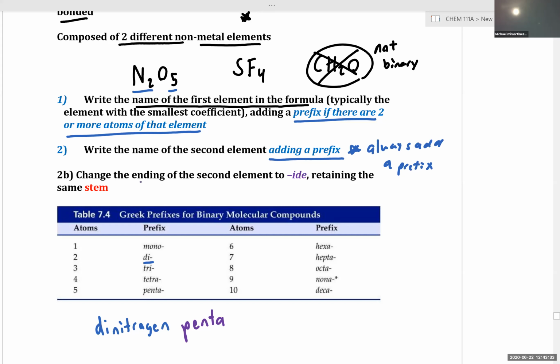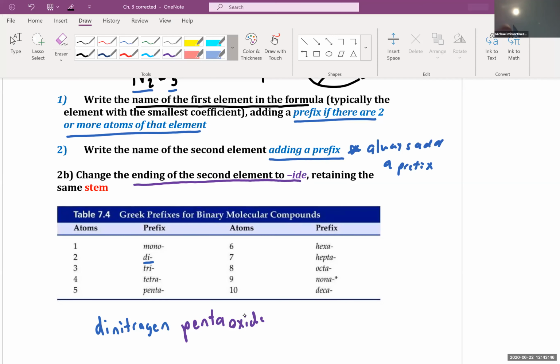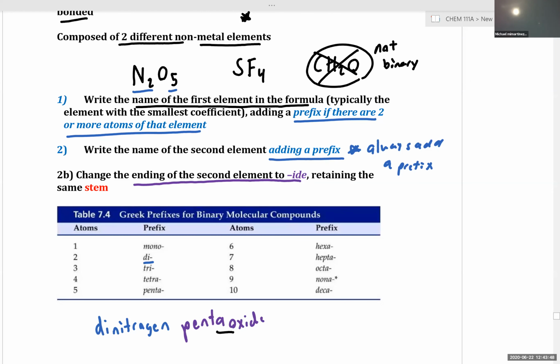And then we write the name of our second element and we change the ending of our second element to ide. So this would be pentaoxide. And in the case of oxides, if you have these repeat vowels, you just replace them with an o. So this would be dinitrogen pentoxide. So that would be N2O5.